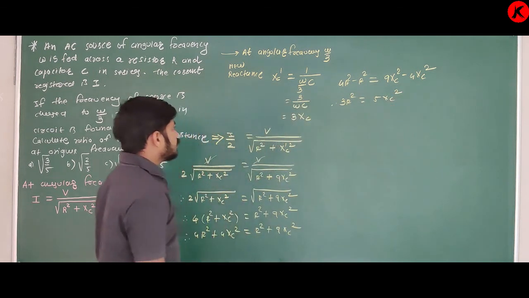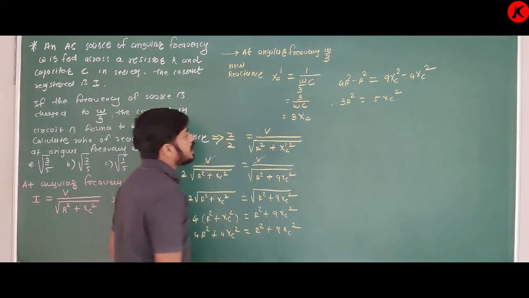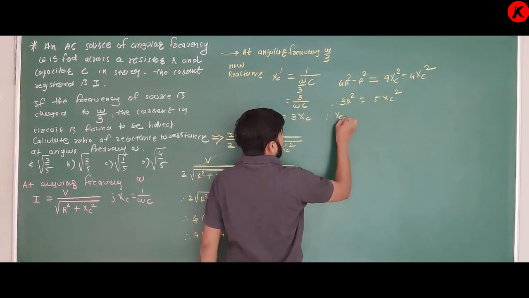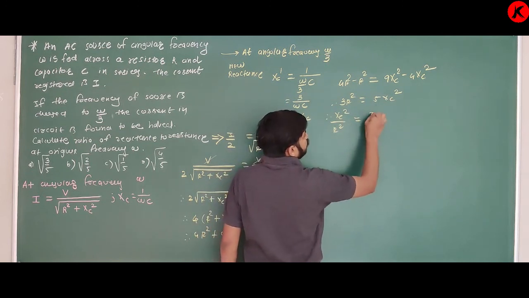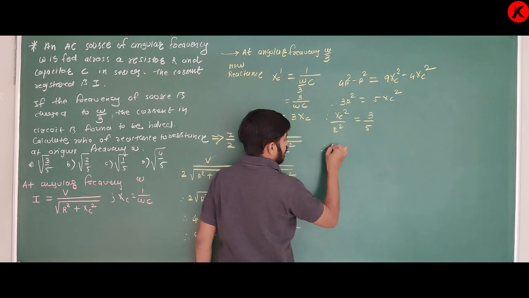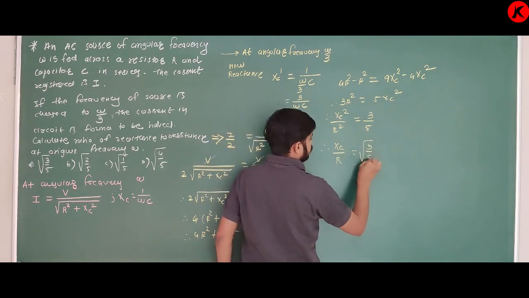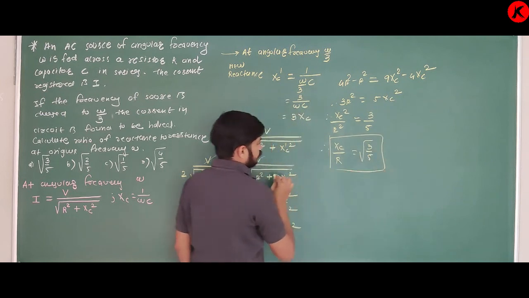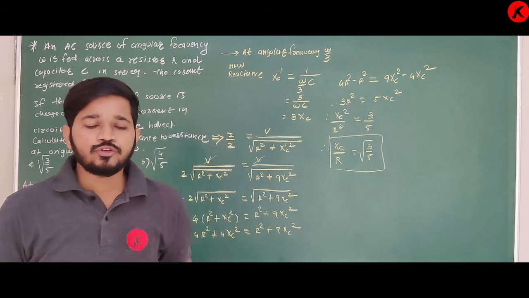Now, as we have to calculate the ratio of reactance to resistance at original frequency omega, XC square upon R square will be 3 by 5. And therefore XC upon R is under root 3 by 5. So this is how to calculate such MCQs.